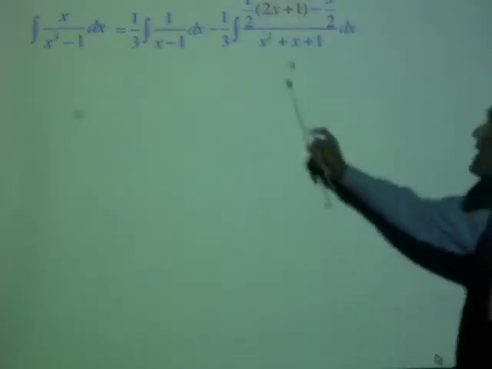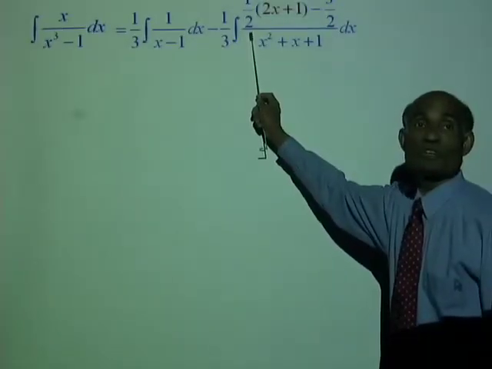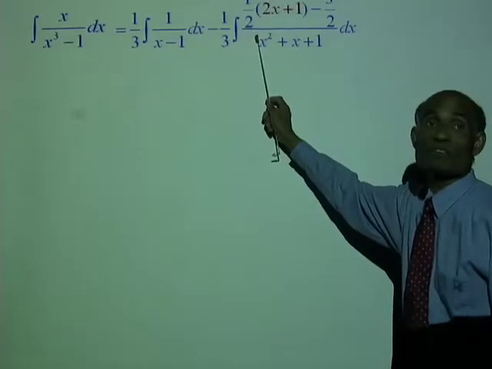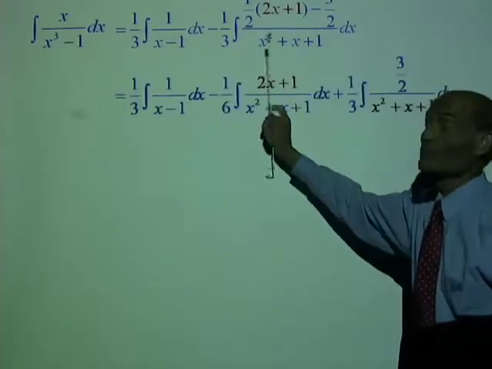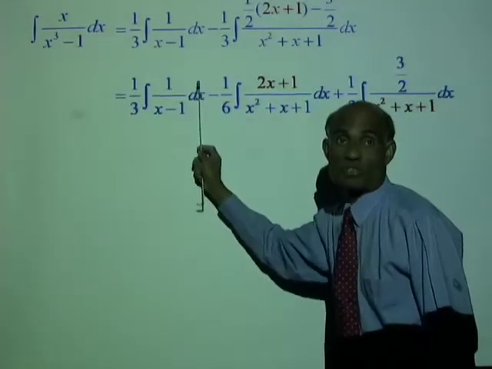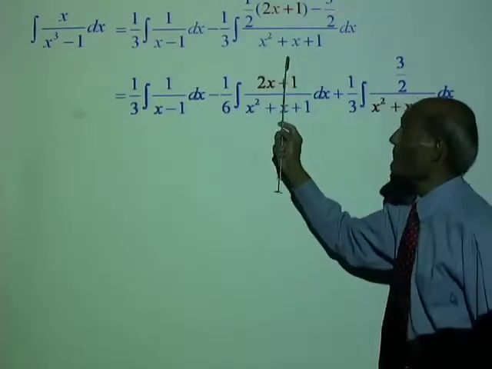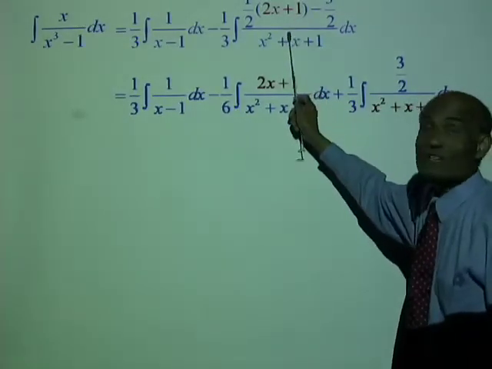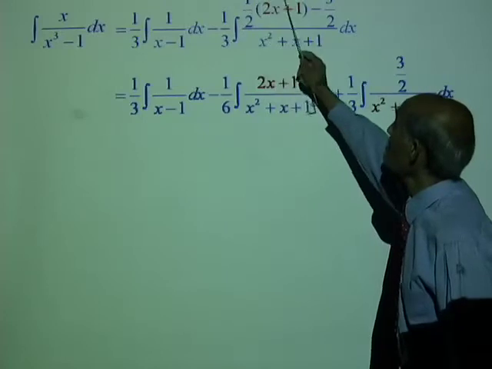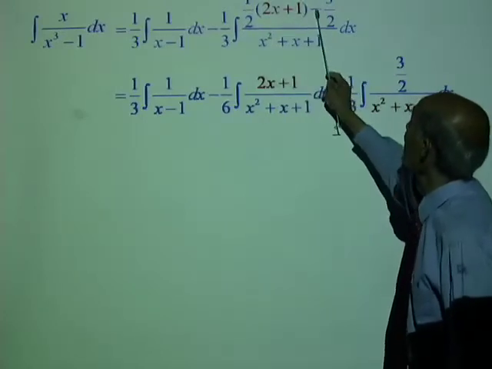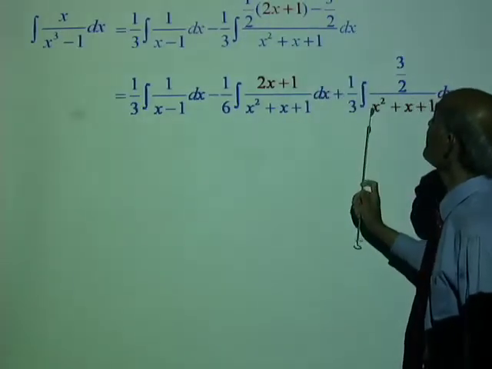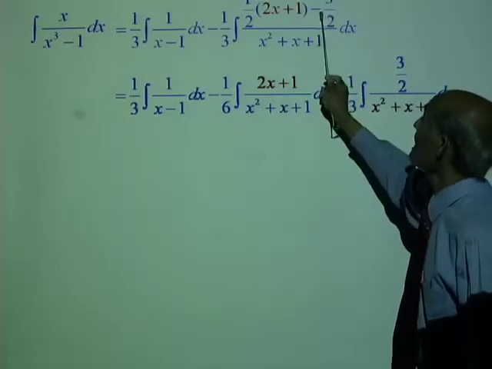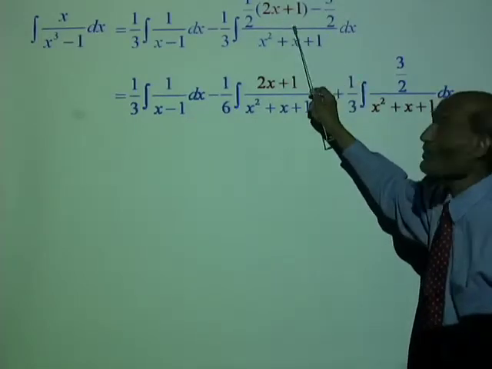Okay, now we are back with this. We need to still fight with it. It's not easy yet, so we don't touch this. This is something that we can integrate. But the second integral, look at the numerator. The numerator is this quantity minus 3 over 2, which means we can split this into two integrals.